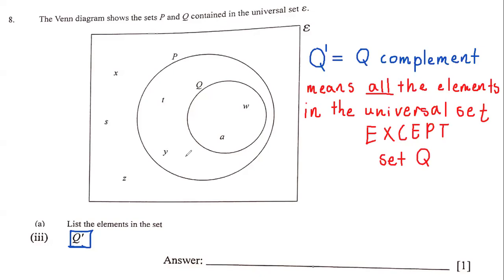So what that means is that we can include all of this, all of that, everything outside.